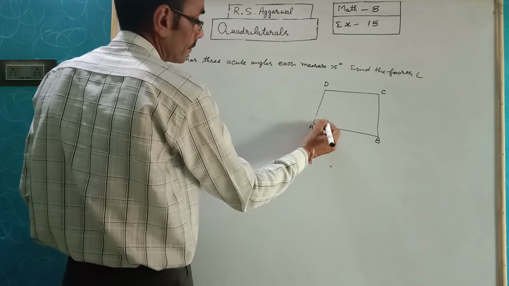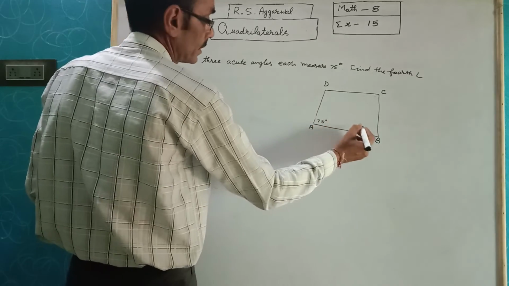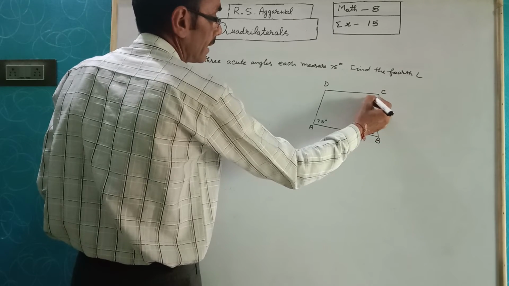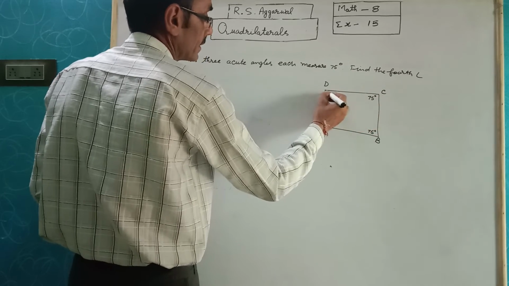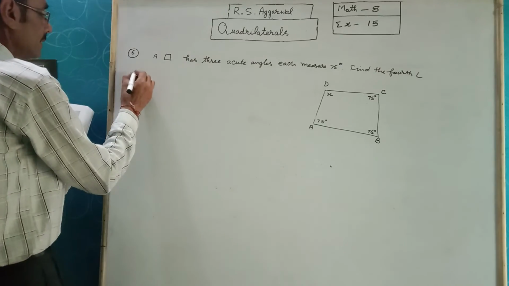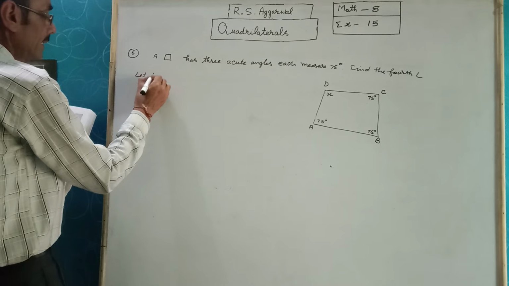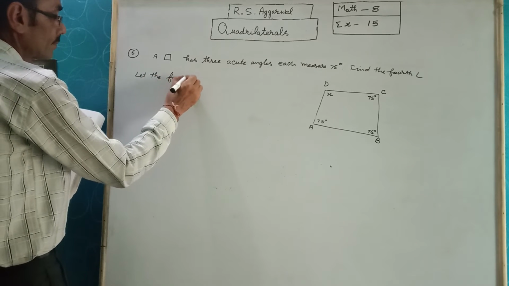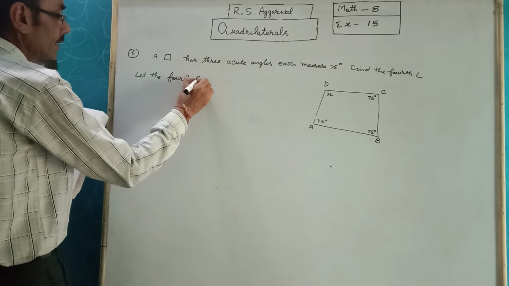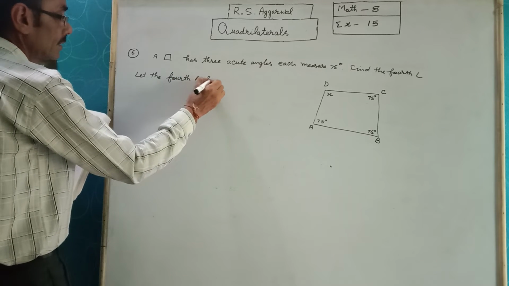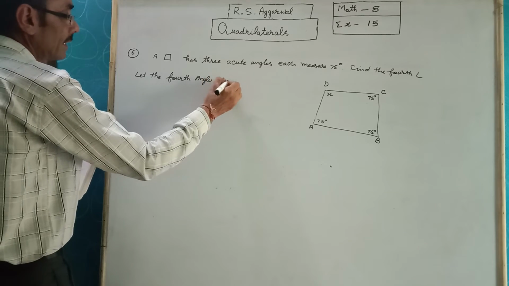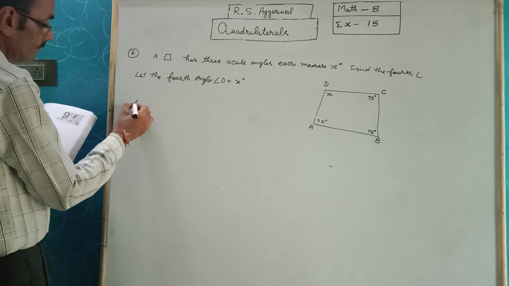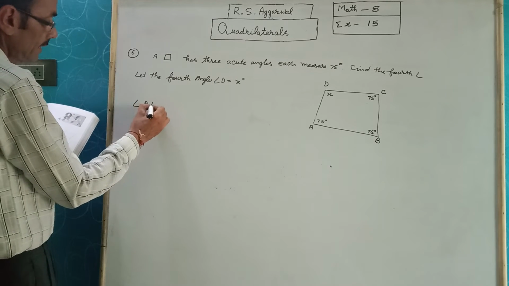It is the same as question number 4. A and B and C value is, you write, let the fourth angle D is equal to x degree.